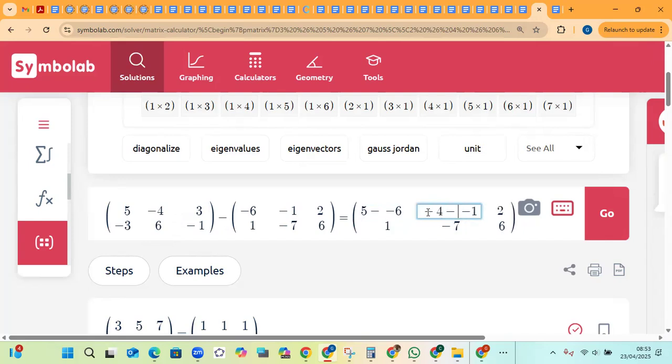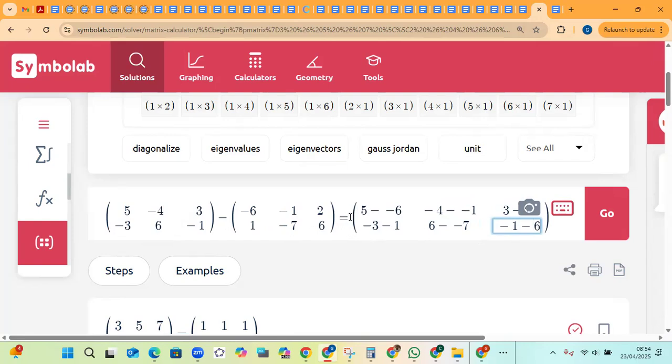And 3 subtract 2. So the 2 is hidden under this icon again. Negative 3 subtract 1. 6 subtract negative 7. And negative 1 subtract 6.